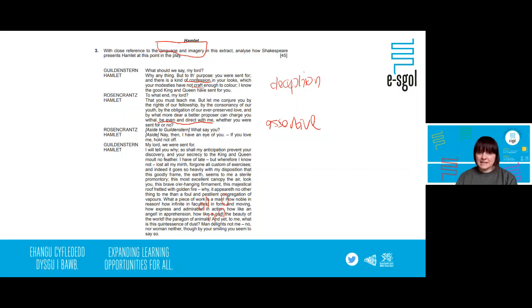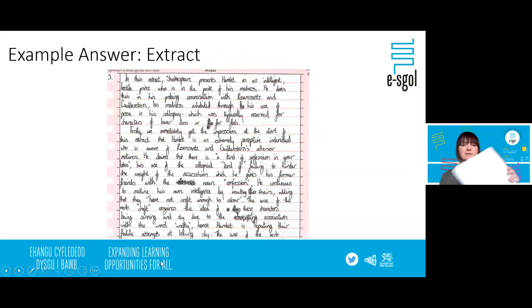And the fact that the entire extract is written in prose suggests this spirited side to Hamlet, and a sense of mischief about him, which is possibly echoed in that last sentence here, "though by your smiling you seem to say so." There's no anger being really expressed here. He is suspicious of the pair, but he's still trying to maintain this idea of lightheartedness.